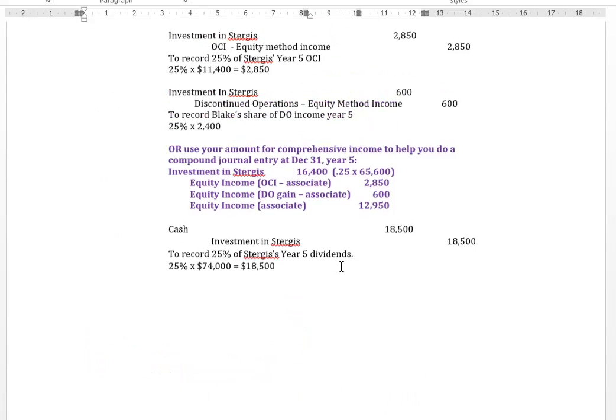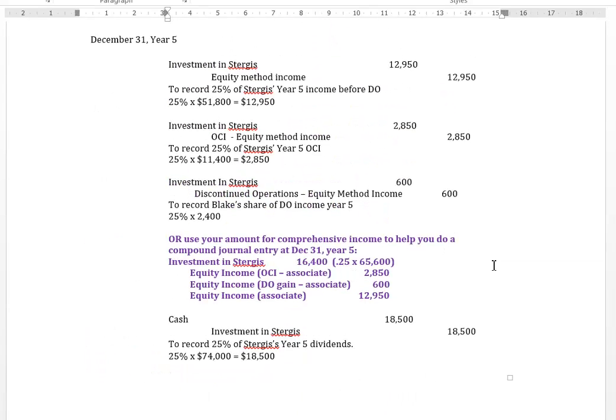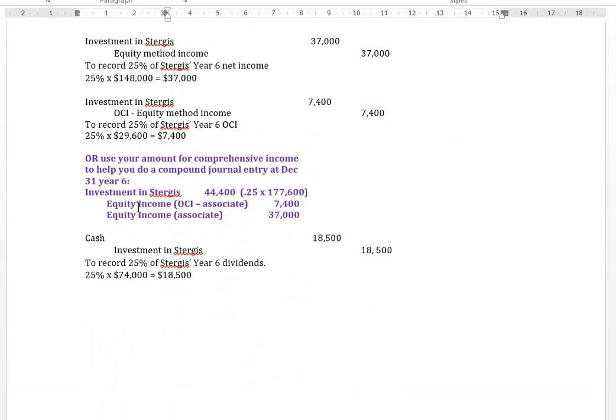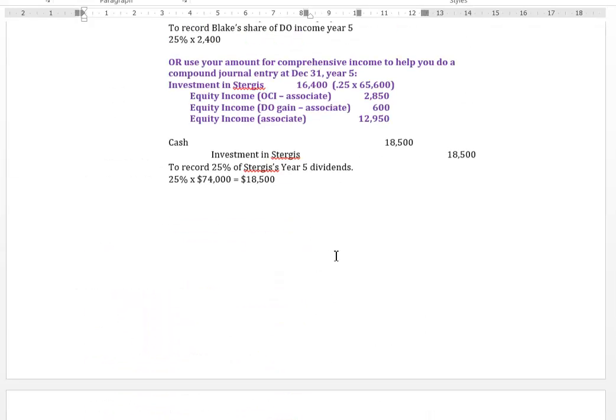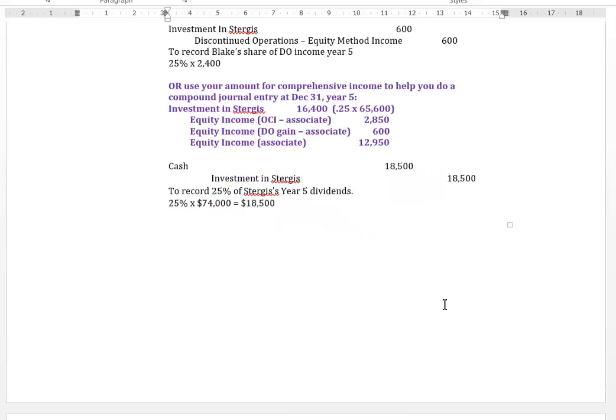And then we also took in $16,400. So $44,400 plus your $16,400, which affected the investment account, because these in year 5 and these in year 6 all had a home in the statement of comprehensive income. So they increased your income. So under the equity method, your income got increased by $44,400 in year 6 and by $16,400 in year 5. So together, that's $60,800.